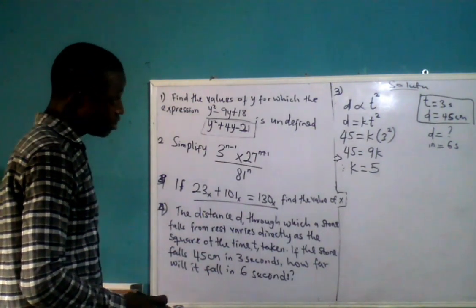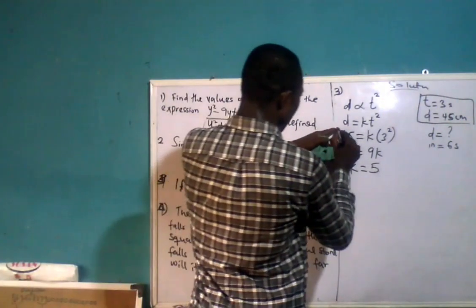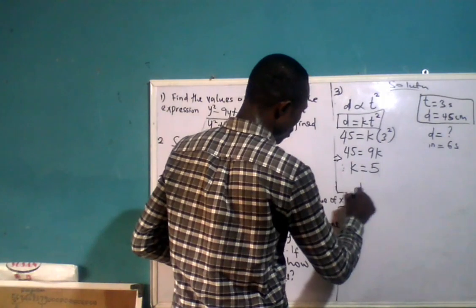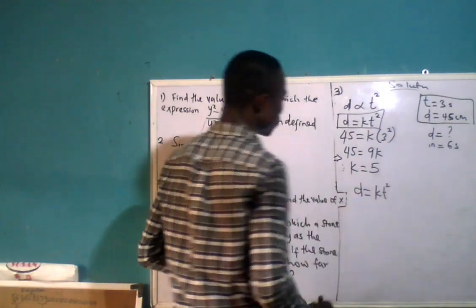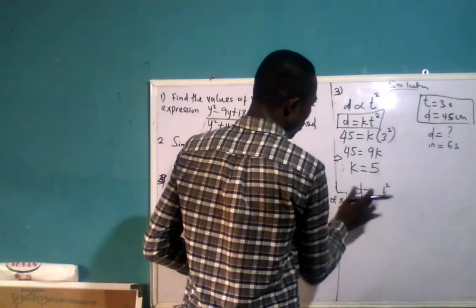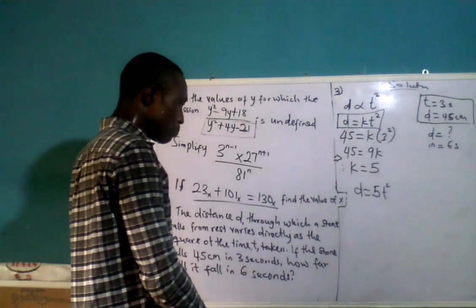Now, the next thing to do, which is the final thing, is that you bring down this expression. This expression is very important. You bring it down. D equal to k t squared is the major relation. However, we have determined k to be equal to what? 5. So therefore, D equal to 5 t squared. Okay?